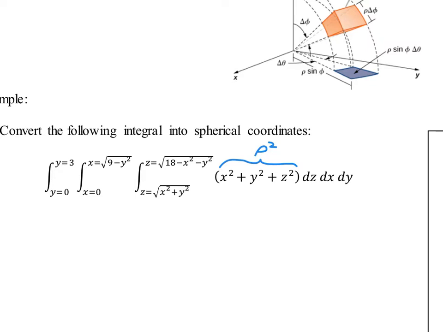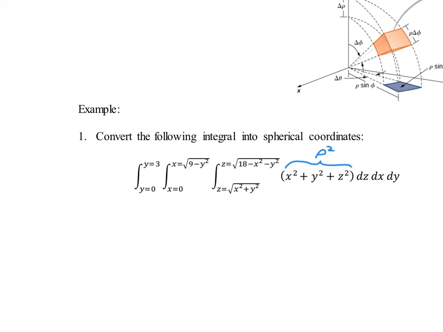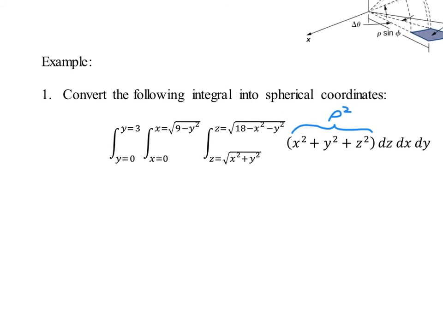All right, so I'm just going to, off on the side here, rewrite z equals the square root of 18 minus x squared minus y squared. I'm going to square both sides, because I have rules on the side there, and not many of them look like anything like that. So square both sides.